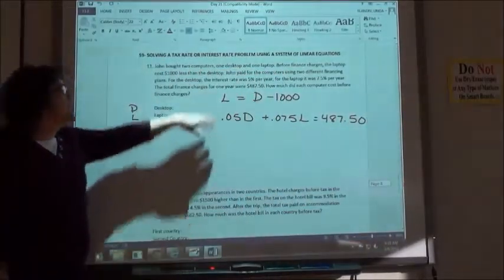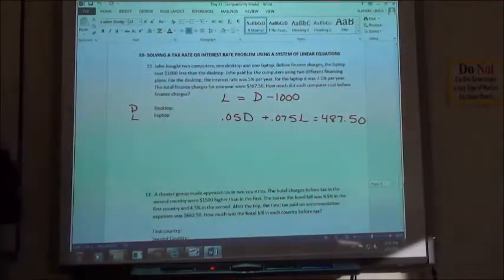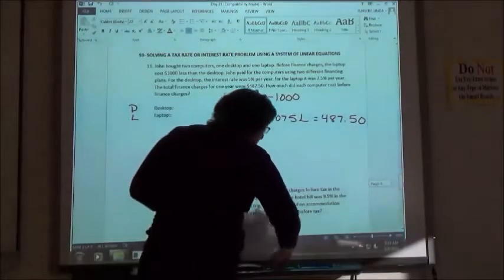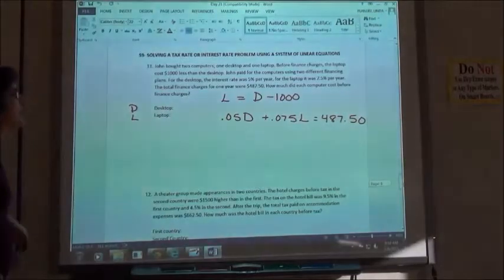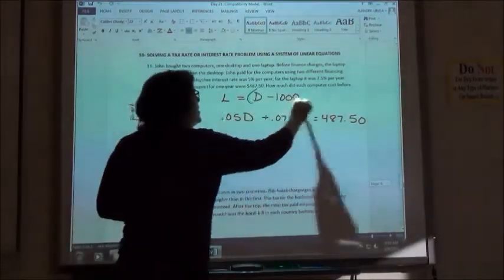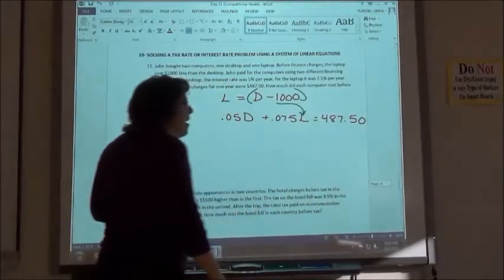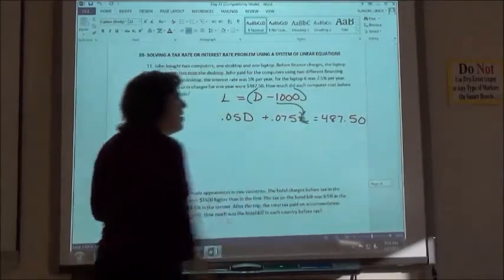Since we already have that top equation solved for L, this one is just as easy to solve by substitution instead of having to rearrange it to solve it by the addition method. So we're going to take this expression, the D minus 1,000, and put it in the place of the L. So we're going to get rid of the L from there.